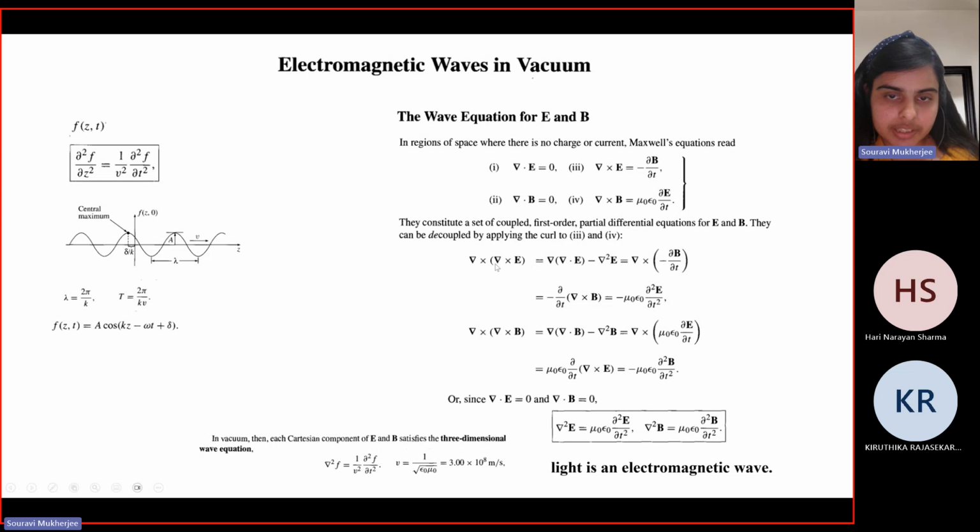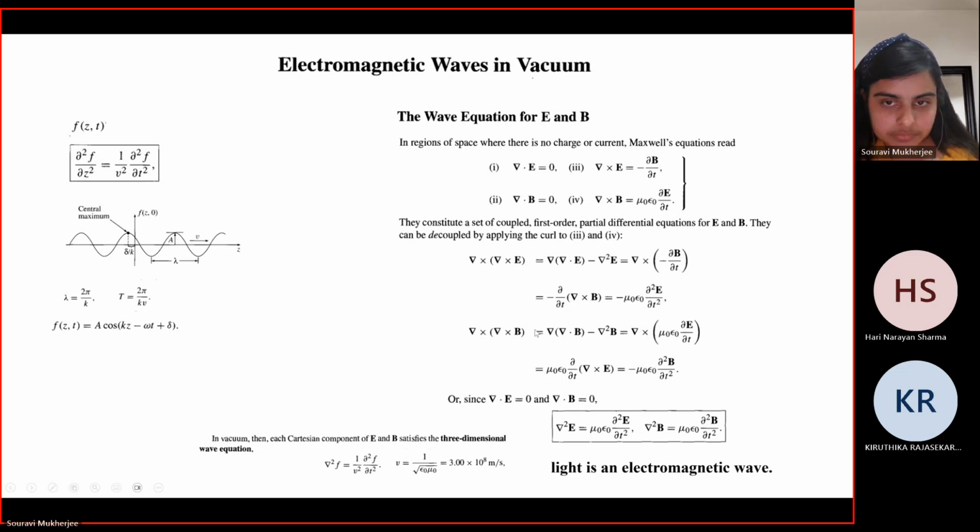Now if you use this relation of curl of E and the vector identities, you would get this expression. It's important to note that here you have put divergence of E to be 0 because rho is 0; there is no additional free charge or free current. So from here you get curl of curl of E equal to minus mu naught epsilon naught del square E by del t square.